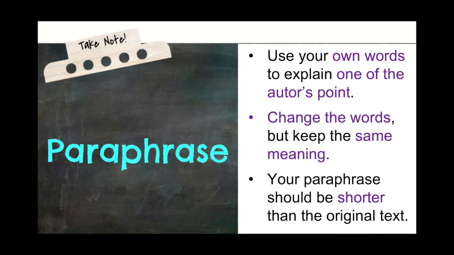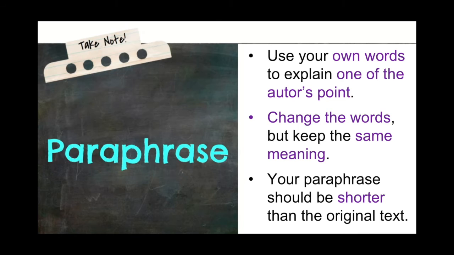The second way you can explain more about the text is to paraphrase. But you use your own words here. So unlike quoting, you're not taking the author's exact words. You're using your own words to explain the point that the author made. You're changing the words, but you're keeping the same meaning.